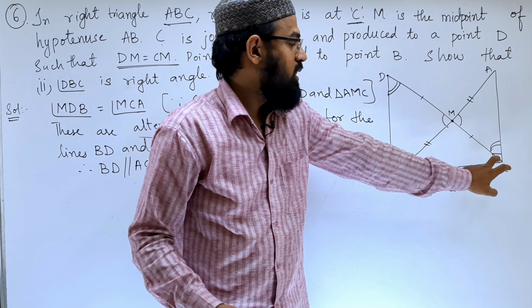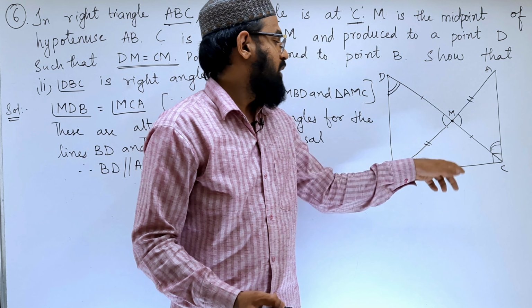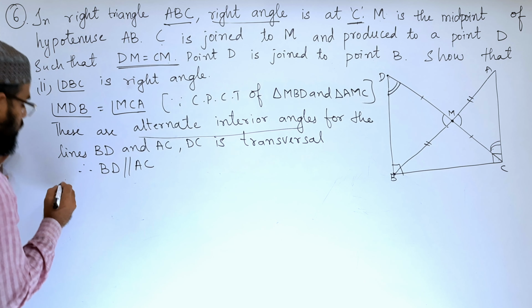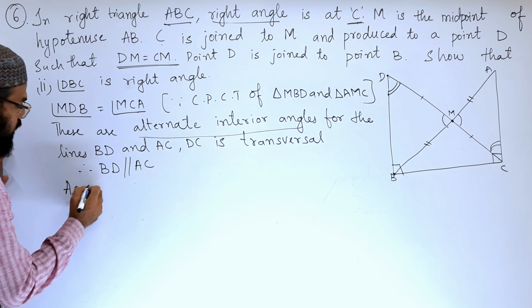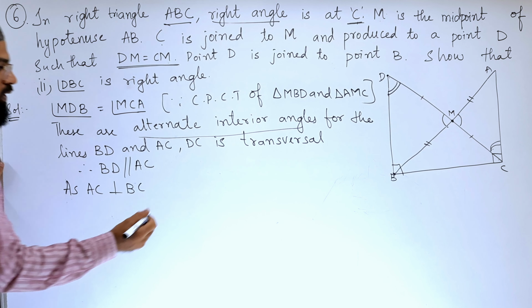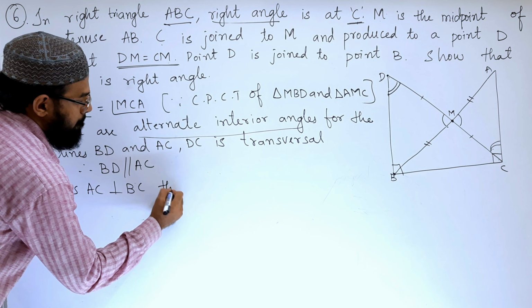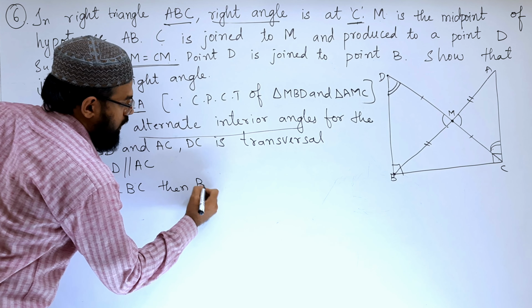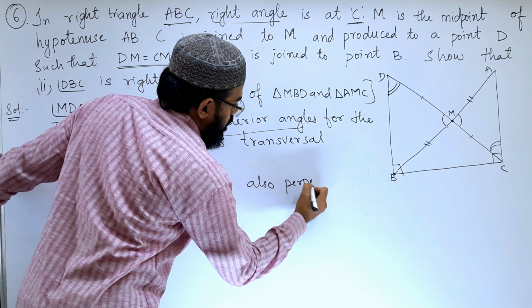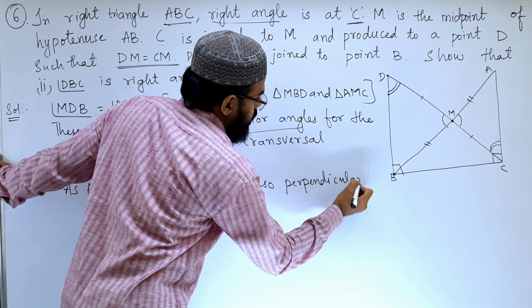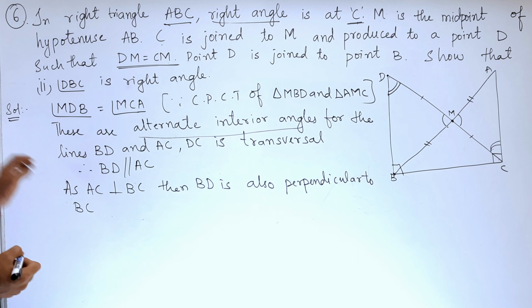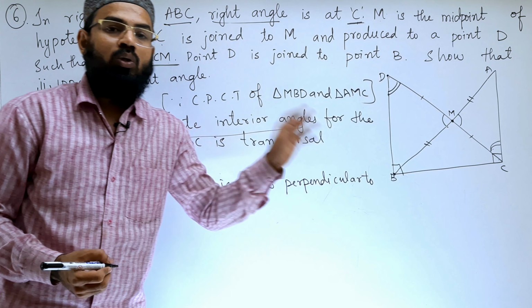As we have AC perpendicular to BC, then BD is also perpendicular to BC.